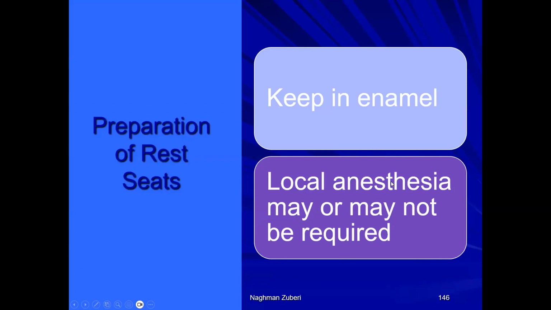If they say you just have to keep it within the enamel and it is not going to hurt that much, then there is no need for local anesthesia. It all depends upon the authorities you are doing the procedure for.